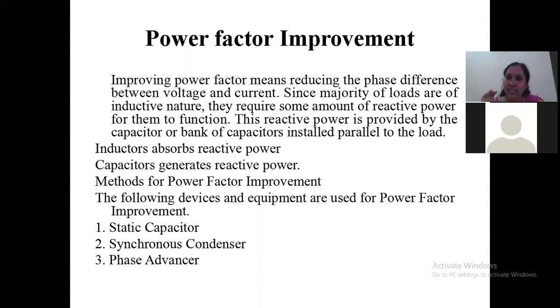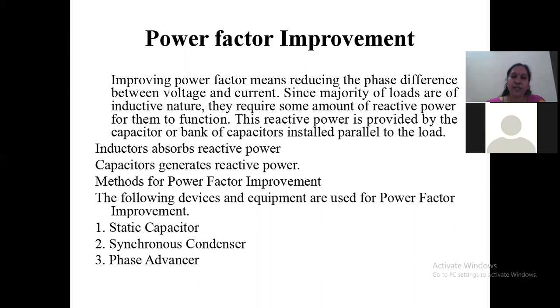Usually that won't be done, that is what we have discussed previously. Power delivered by the load is called the reactive power. Power being absorbed, we call it the active power. So inductors absorb the reactive power, capacitors are going to generate the reactive power.